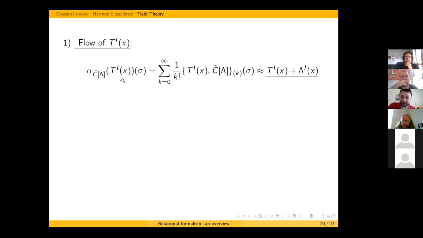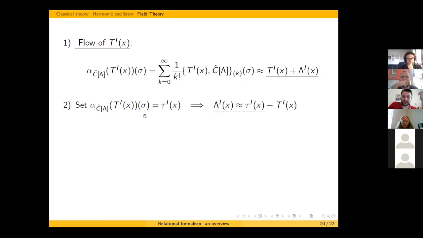Namely, the flow of T along the Hamiltonian vector field associated to this new constraint evolves along this coordinate line, T. That's why this T can be treated as a clock observable. And so this simplifies a lot the flow on the constraint hypersurface.